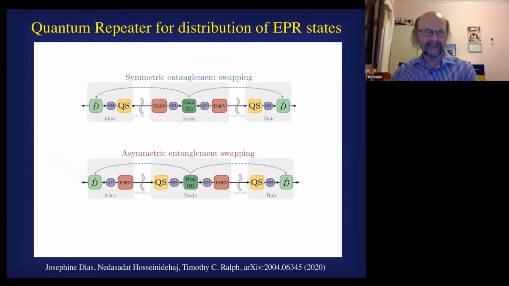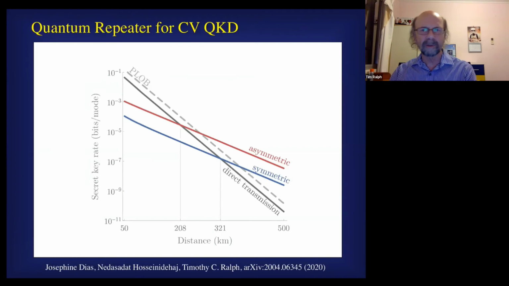We can also consider an asymmetric version of this entanglement swapping protocol by swapping around where the two-mode squeezing and the quantum scissor lie. So quite amazingly, just at this level, this device works as a quantum repeater.